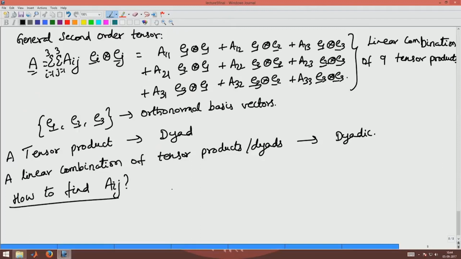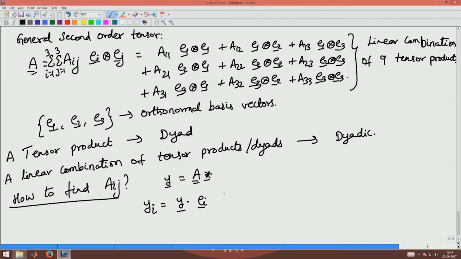We had written the vector y as A times x, right. Now what is the component yi of y? yi is y dotted with ei.